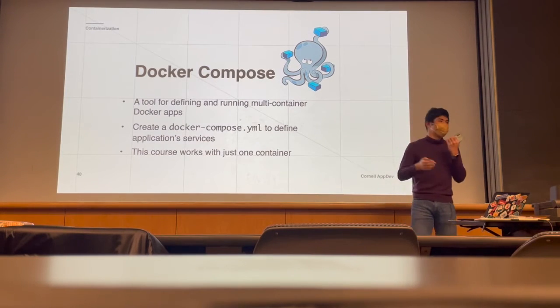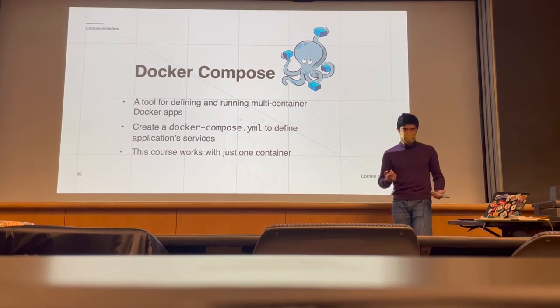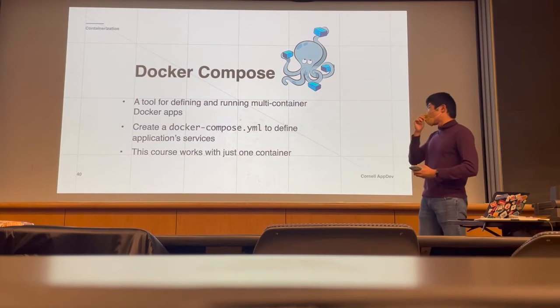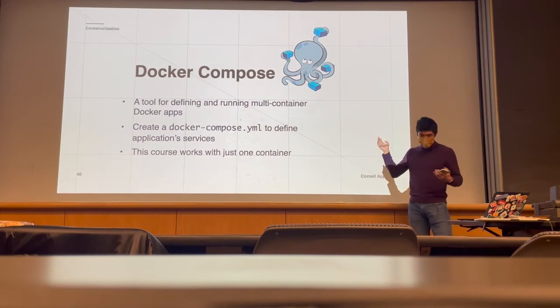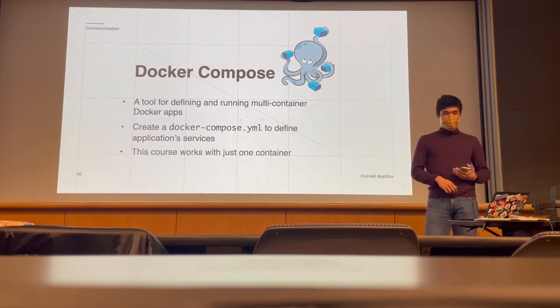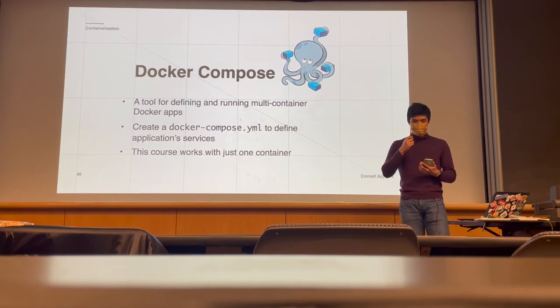So how do we actually run a bunch of containers if we have an app as complicated as Ithaca Transit, where we have a bunch of services running at the same time? Well, that can be done by this thing called Docker Compose. Another very cute animal, octopus this time. Using Docker Compose, we can define how to run multi-container apps.